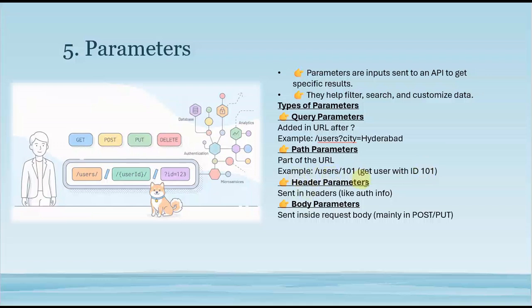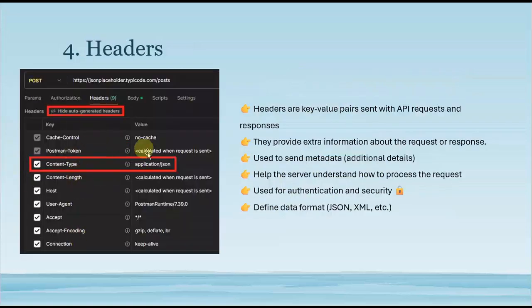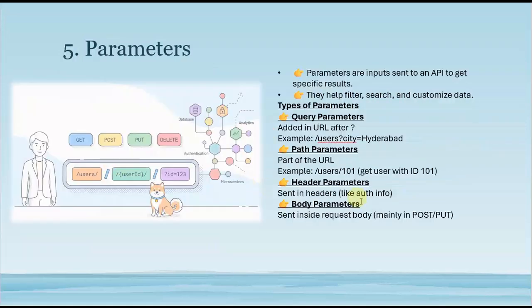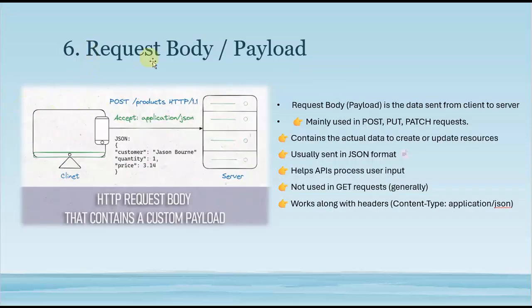Header parameters are sent in the headers. Whatever we are using in headers, we pass those parameters in the headers. Body parameters are sent inside the request body, mainly in POST and PUT. We can see this in practical in upcoming classes. And one more is the request body, our payload.